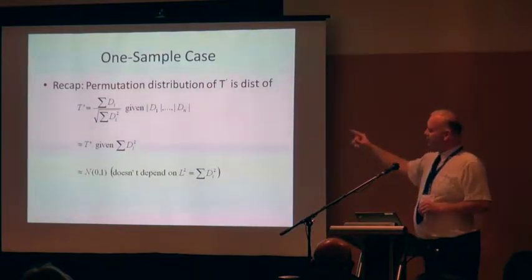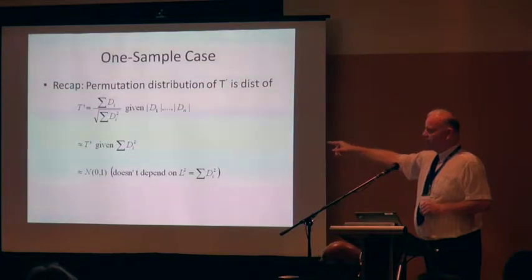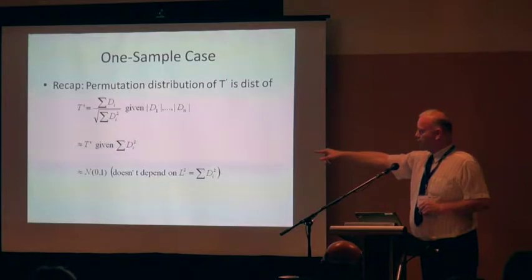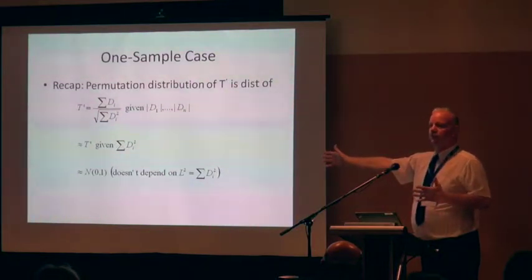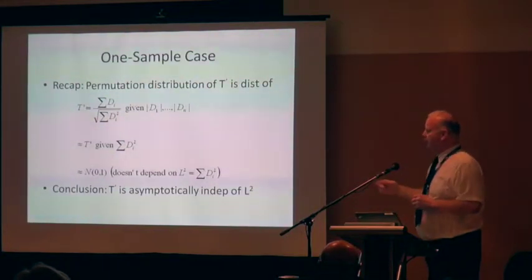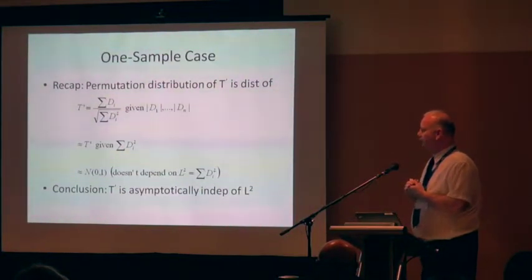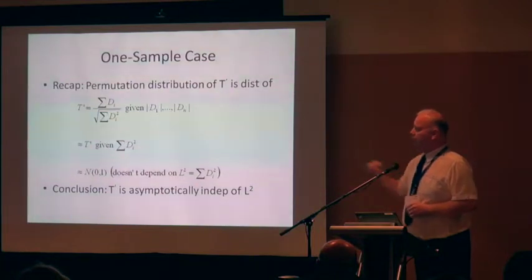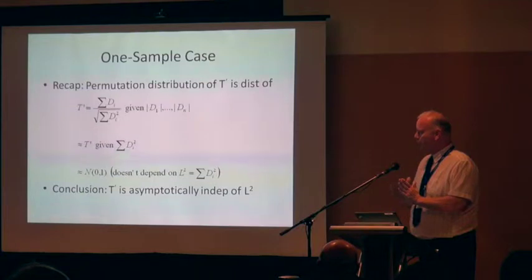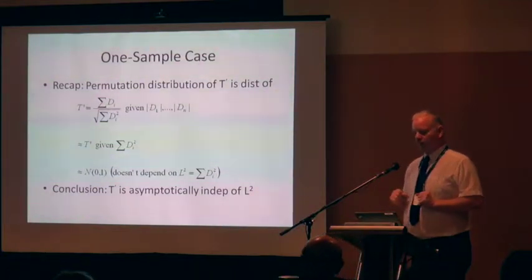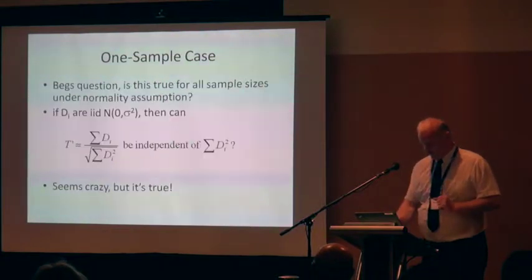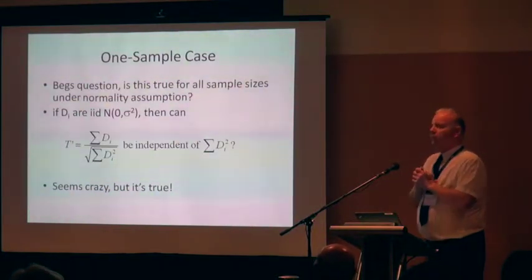In other words, the conditional distribution of that, given the sum of the Di squareds, doesn't depend on the sum of the Di squareds. It's normal 0, 1. There's no sum of Di squareds there. And what that tells us is T prime has to be asymptotically independent of the sum of the Di squareds, because the conditional distribution of T prime, given the sum of the Di squareds, doesn't depend on the sum of the Di squareds.